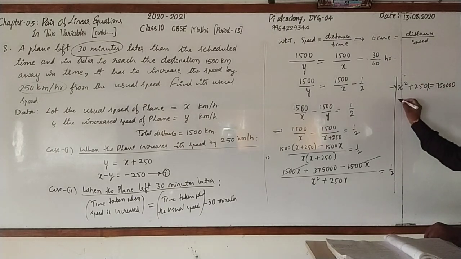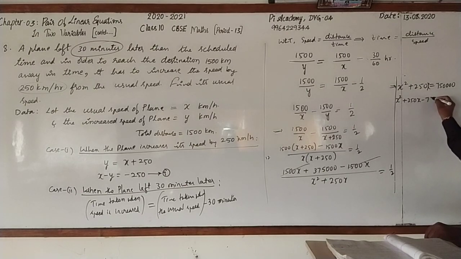Clear? This can be written as x square plus 250x minus 750,000 is equal to 0. Now let us go for solving this.